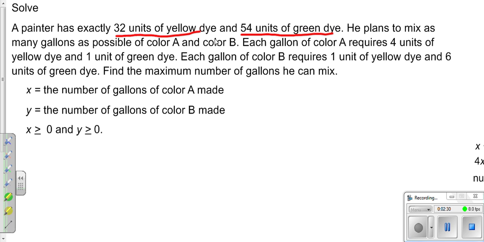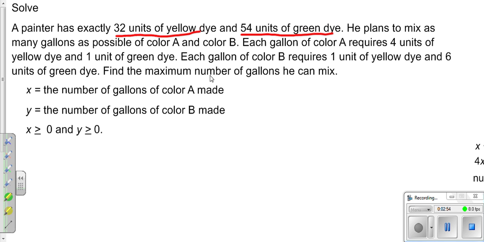Now, our restrictions are yellow of 32 units. Some of that's used in color A. Some of that's used in color B. Now, for each gallon of A, we use 4 units. For each gallon of B, we use 1 unit.